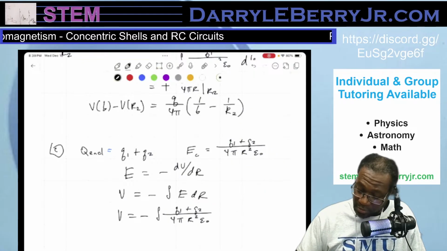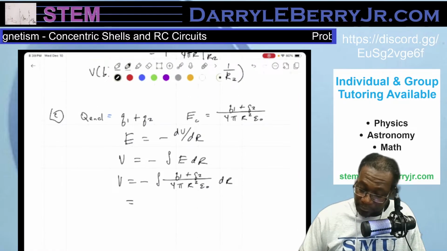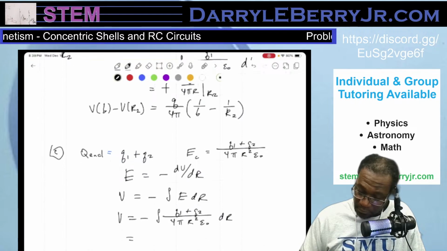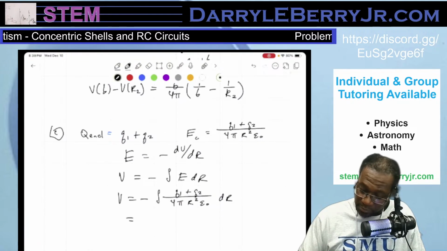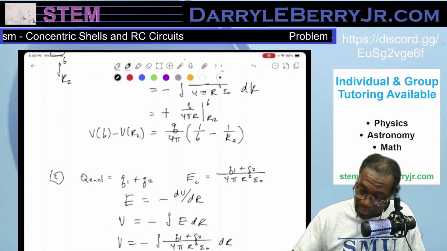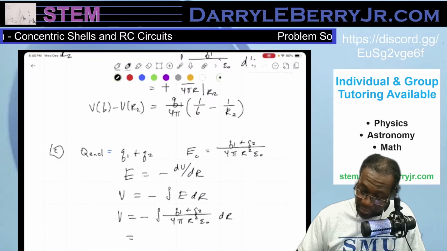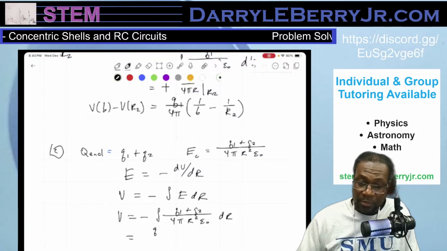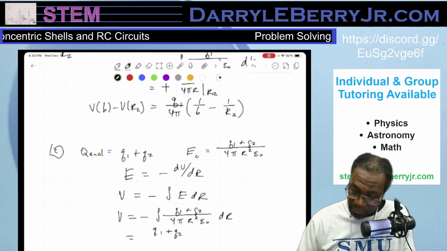So it's the same integral, maybe not ironically. It'll just be, instead of Q1, it'll be Q1 plus Q2 over.